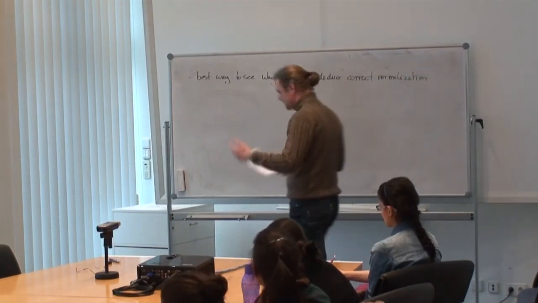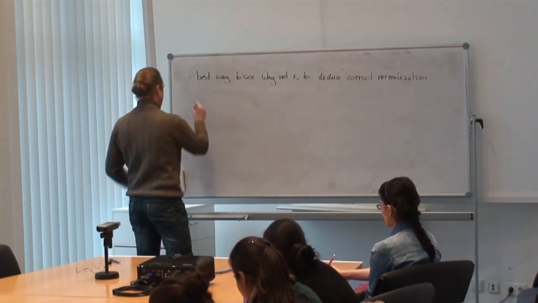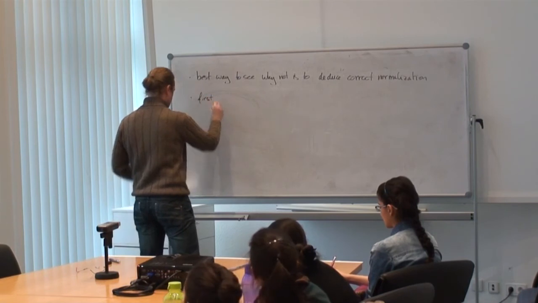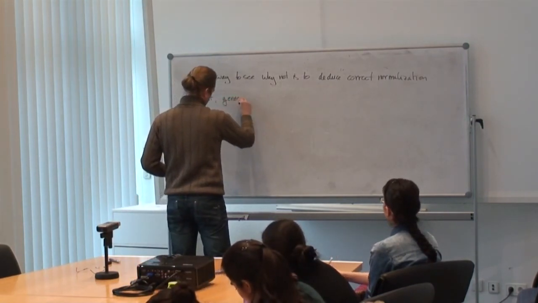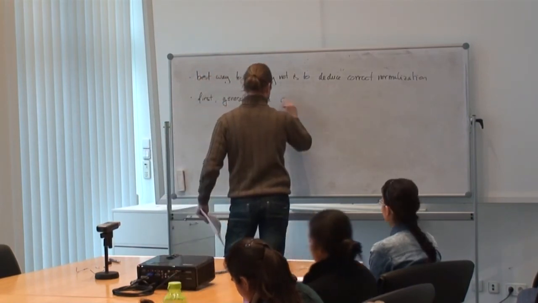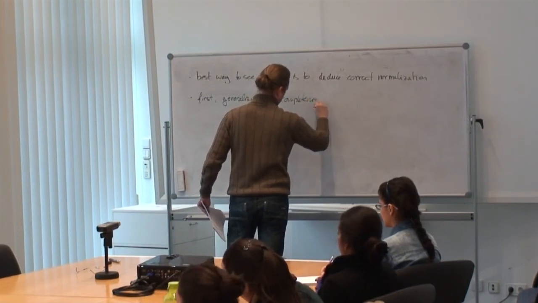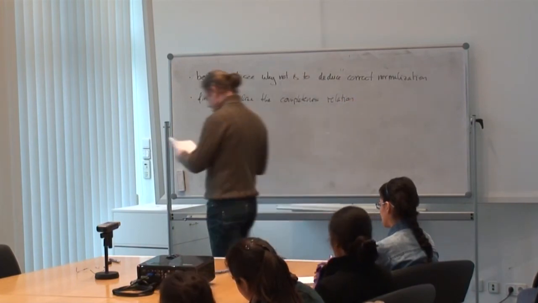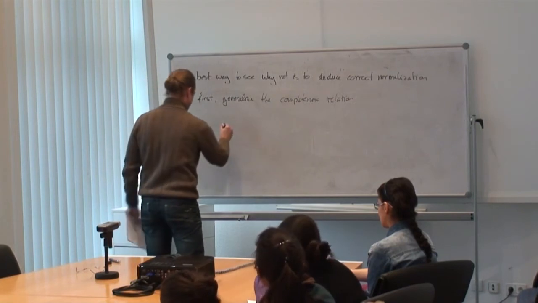This is basically to say what we are going to do now. And we do this by, first, we generalize the completeness relation. And that is to say that we want to have the following.